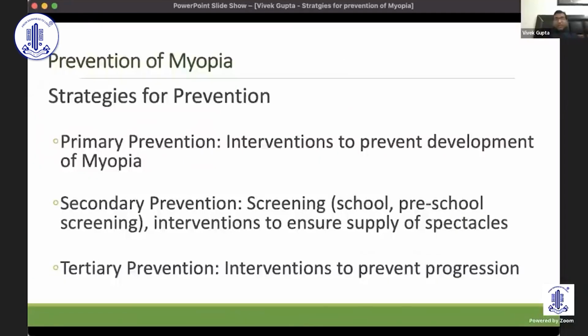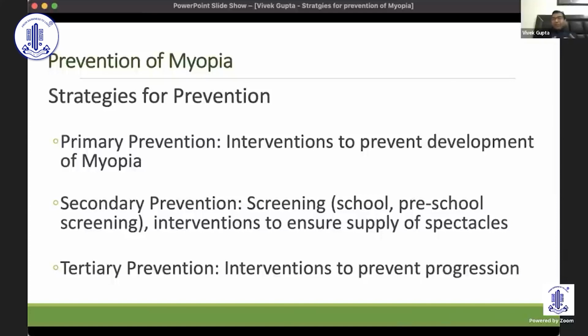When it comes to prevention of myopia, we can look at it in terms of primary prevention, where we prevent development of myopia, or secondary or tertiary prevention. Screening and provision of school spectacle correction is a key preventive measure when we talk public health.